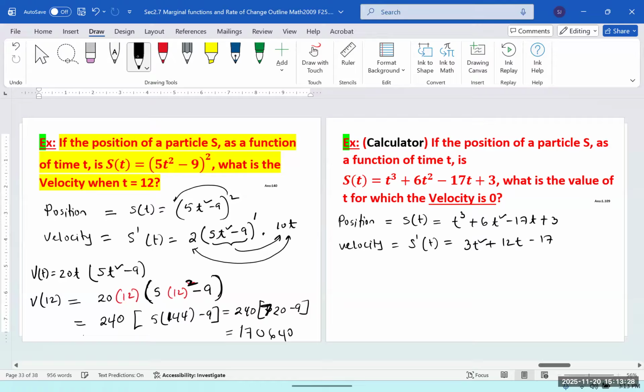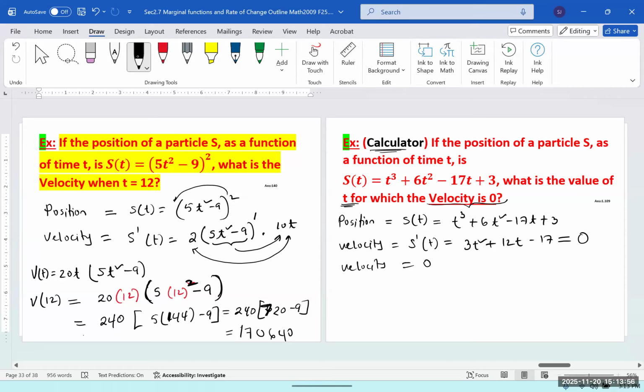And it says, what's the t when velocity is 0? So velocity is 0 means what? What do you have to do? Set this equal to 0. So it's a calculator question.